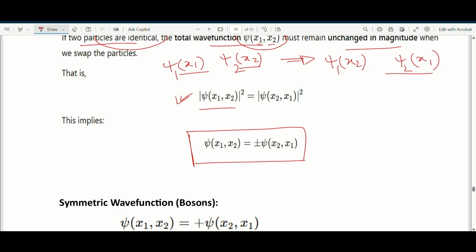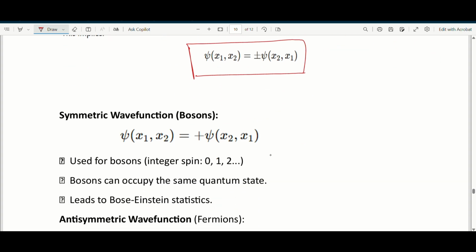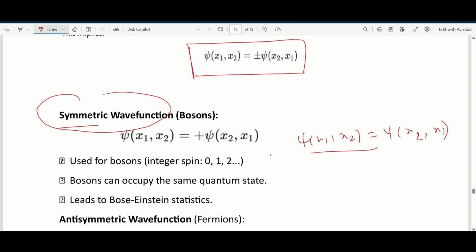Now, a symmetric wave function means that if we exchange the positions, the wave function remains the same. That is, psi of x1, x2 equals psi of x2, x1. These are called symmetric wave functions.